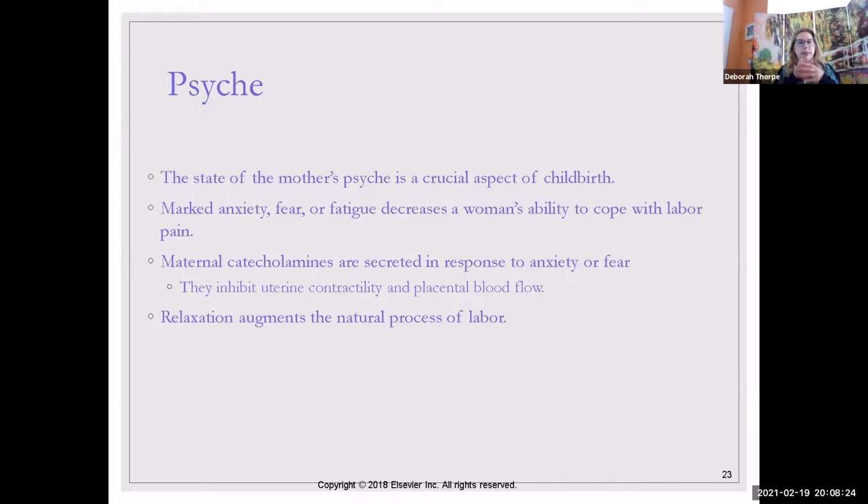Is mom relaxing enough so that the contractions can actually do the work they need to do? It's like us: if our muscles are continually tense and you're all anxious, how effective are you in lifting a barbell? It doesn't work as well.